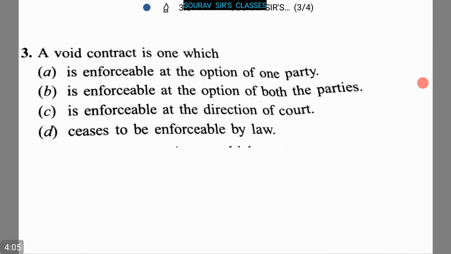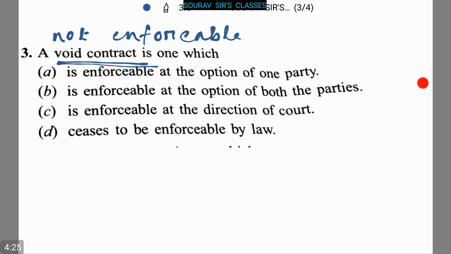Okay, so here is our next question, and the question is, a void contract is one which is not enforceable by law.